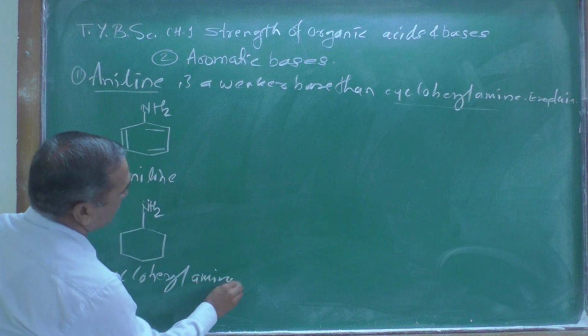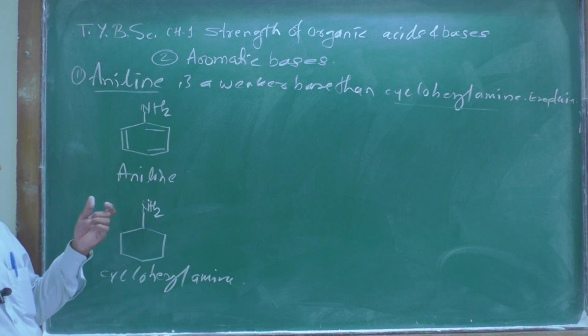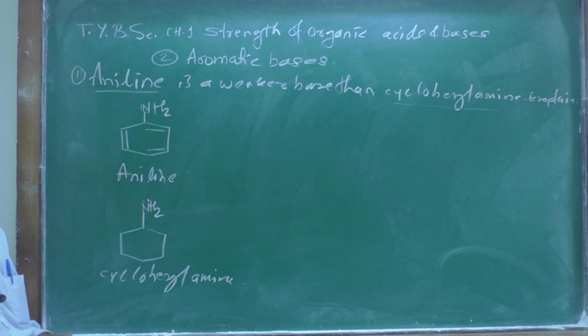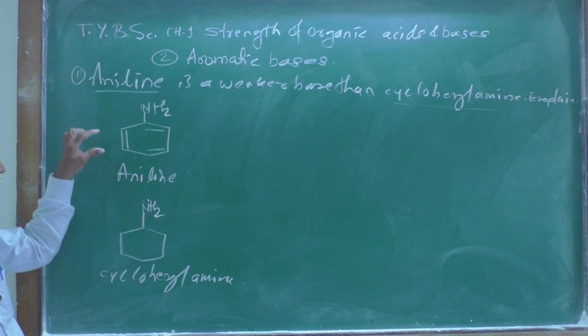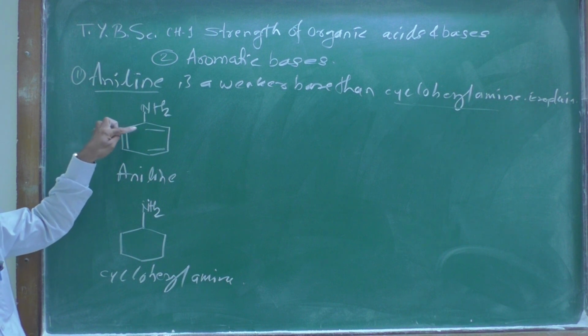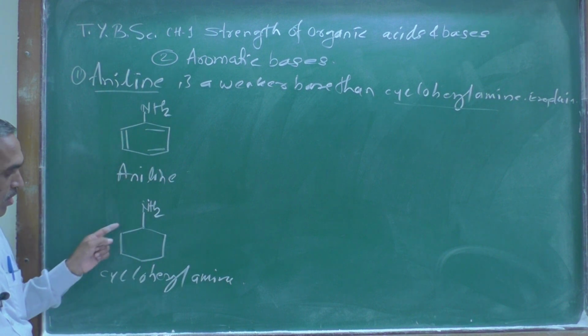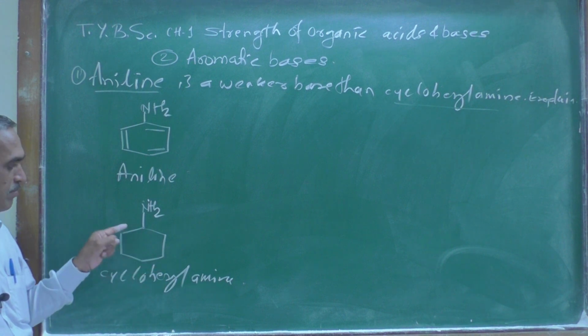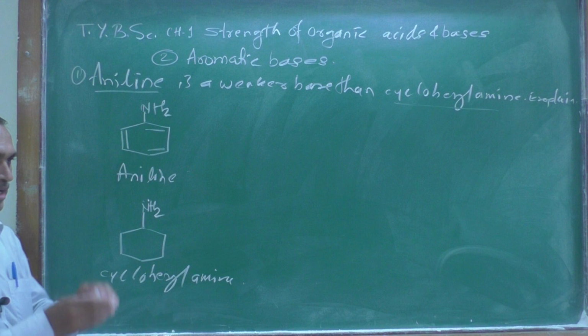This is the structure of cyclohexylamine. If you observe this structure carefully, what do you see here? In the first, there is an alternating carbon-carbon double bond, but in this compound there is no double bond. That's why it is saturated.